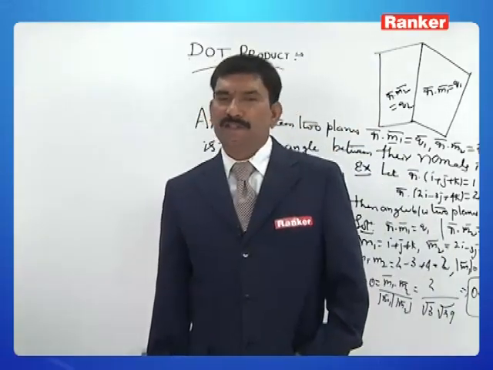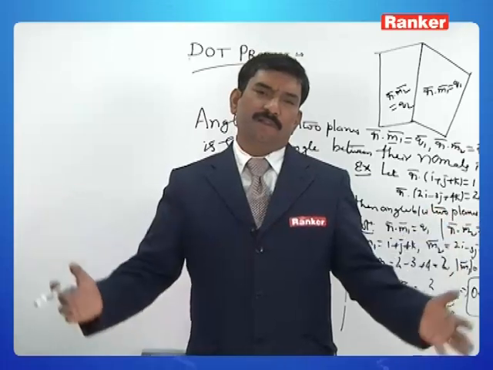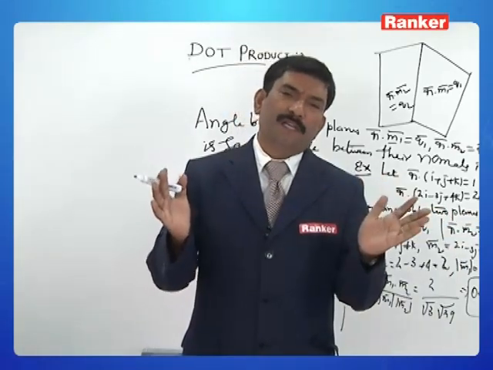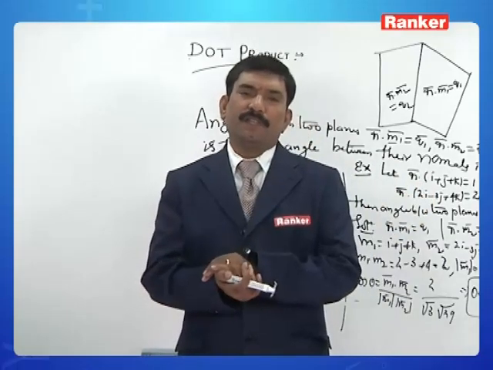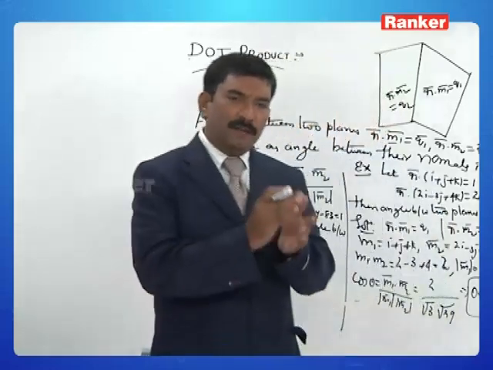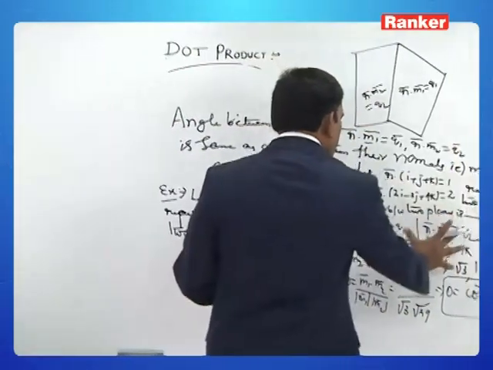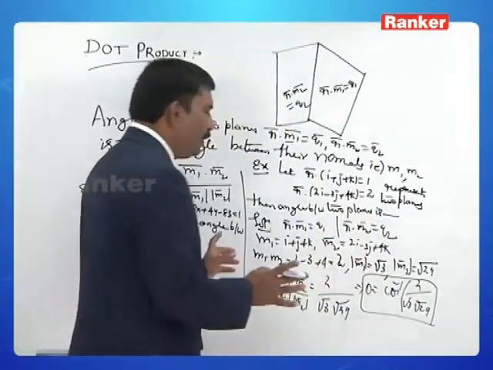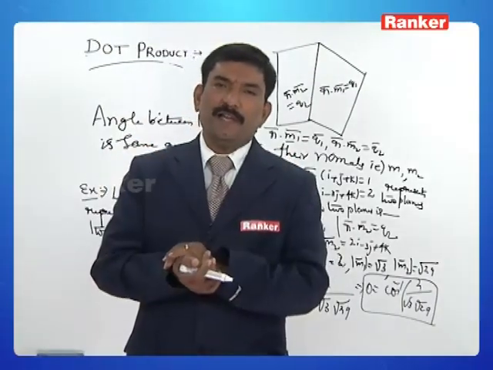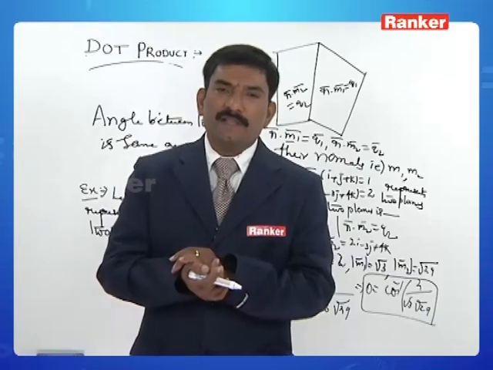two planes is the same as the angle between the normals. There is no separate formula to find the angle between two planes. Same formula. But here, in comparison with the previous problem, one work is added. What is that?